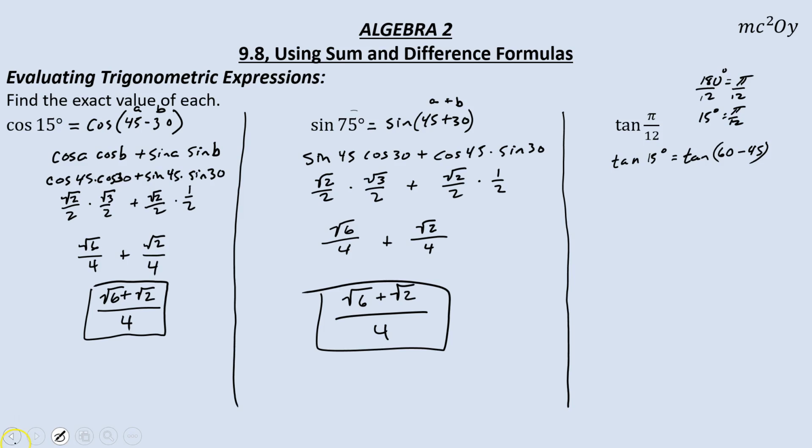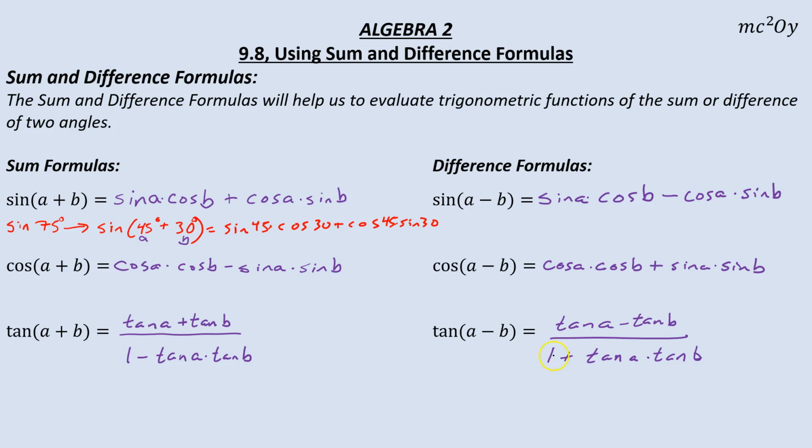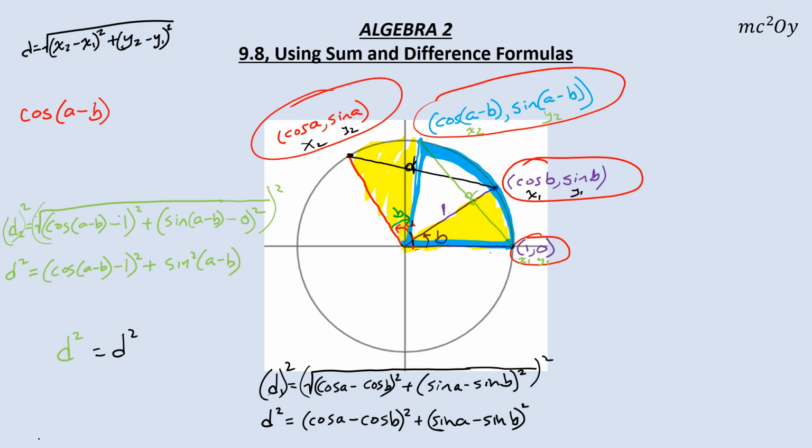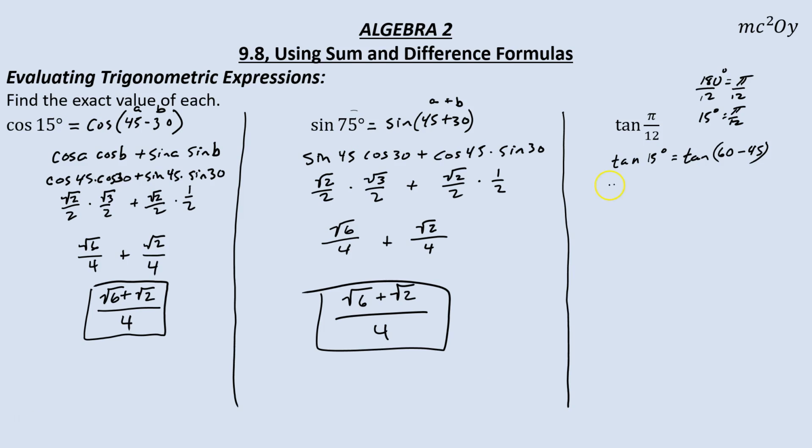Okay, and so if I'm using my tangent formula, remember that's this one here. Okay, so I've got the tan of 60 minus the tan of 45 over 1 plus the tan of 60 times the tan of 45.